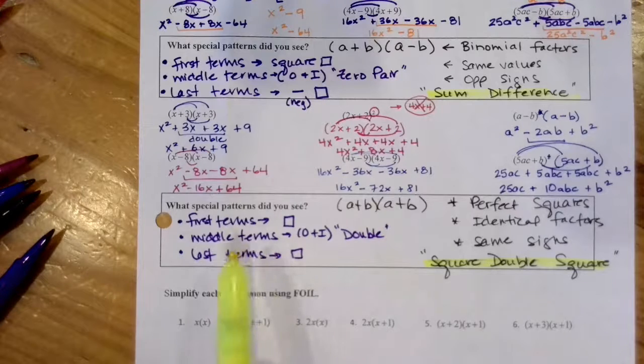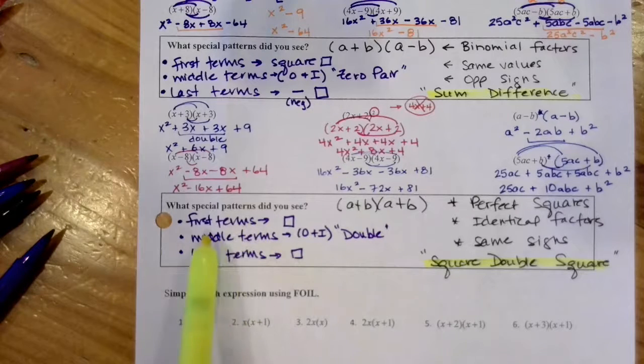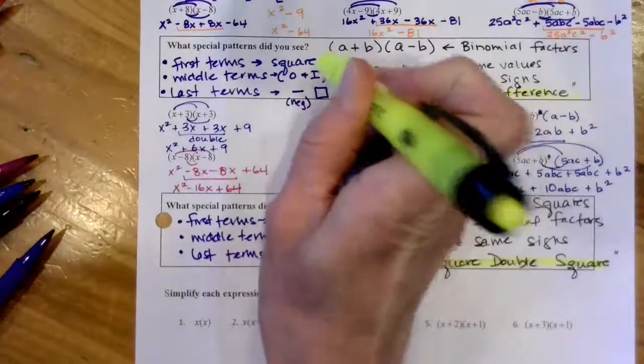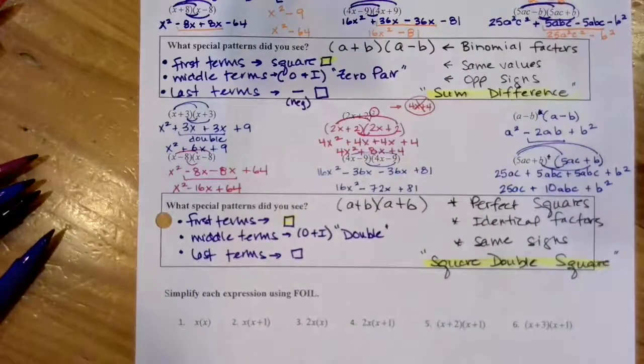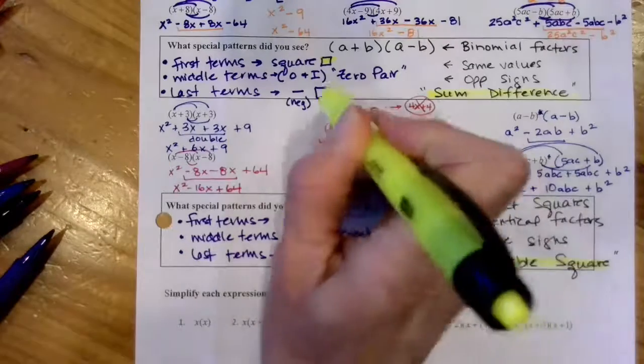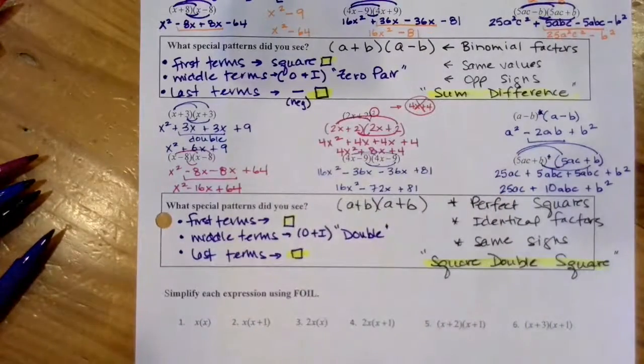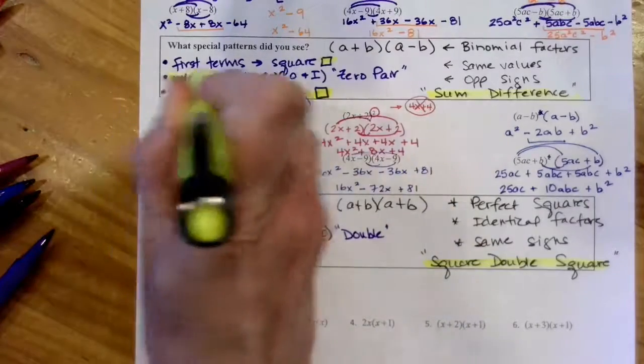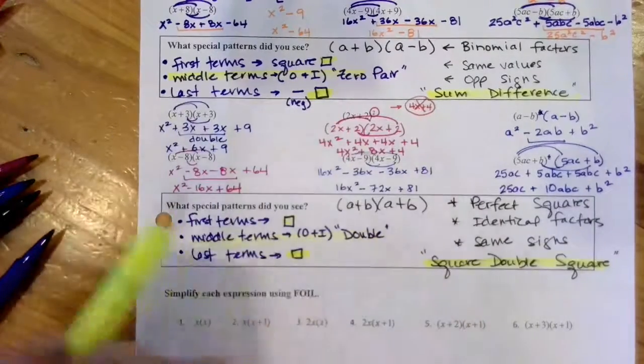Here's the special patterns I see. My first terms also wind up being a perfect square, same as up top. My last terms also end up being a perfect square, same as up top. The difference here is what happens to our middle terms.